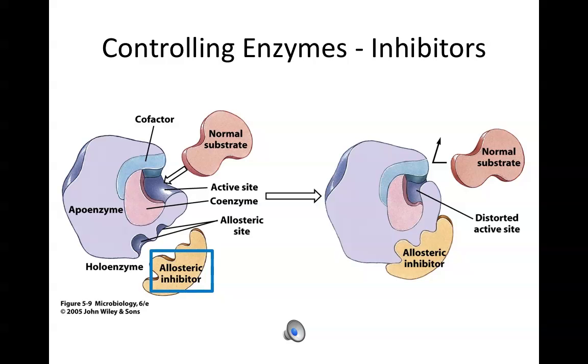Going the opposite direction, when the allosteric activator falls off, we've now modified the active site so that the substrate can bind to the enzyme. So we find that there are, in fact, ways of controlling enzymes with either inhibitors or activators and a variety of other ways.